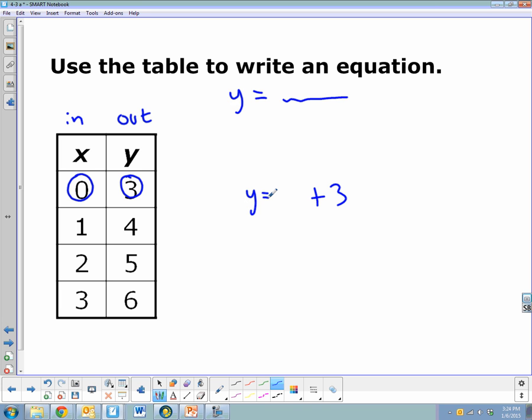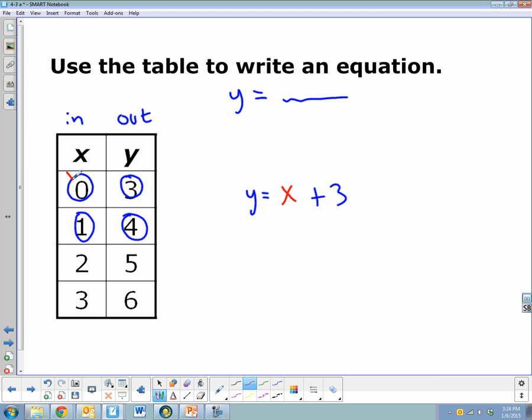Now let's check the next one. 1 goes in, 4 comes out. Is 1 plus 3 4? Yeah, 1 plus 3 is 4, which means that if we take our x value and add 3 to it, we should get the y value.